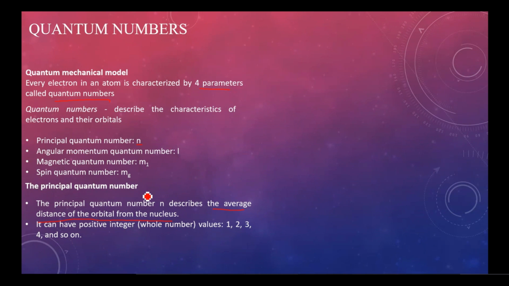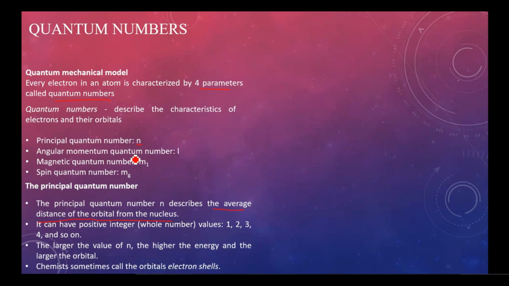The larger the value of n, the higher the energy and the larger the orbital. Or in other words, the higher the value of n, the farther the orbital from the nucleus, having the higher energy. And chemists also sometimes refer to these orbitals as electron shells, but it is the same thing.